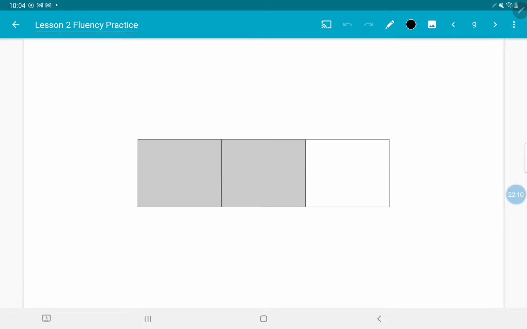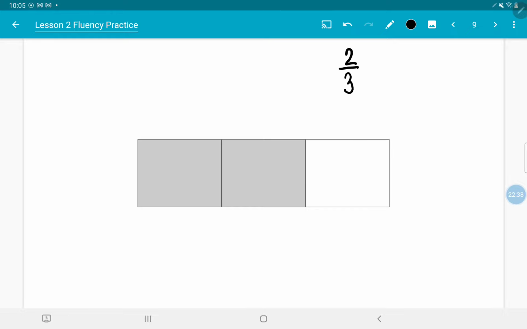How many rectangles do you see? 3. How many are shaded? 2. So the shaded portion represents 2/3. How could I write that as a sum of unit fractions? If I look at the unit of each piece, what's the value of each part?